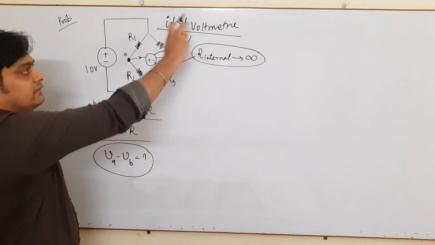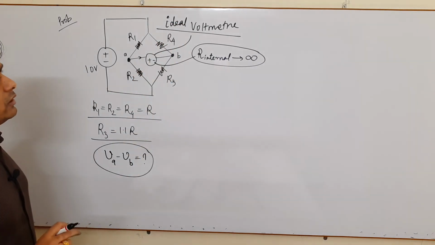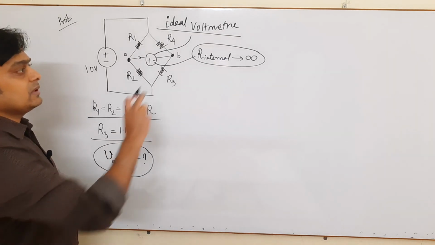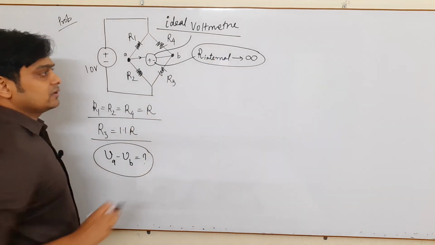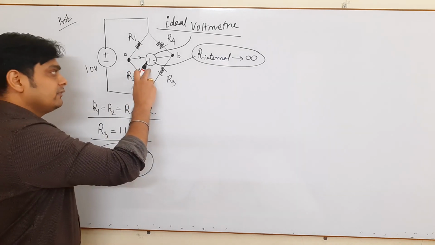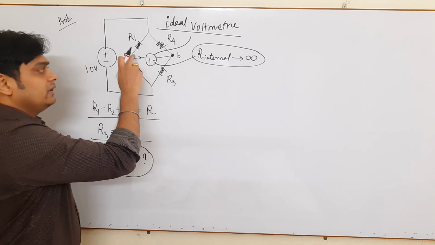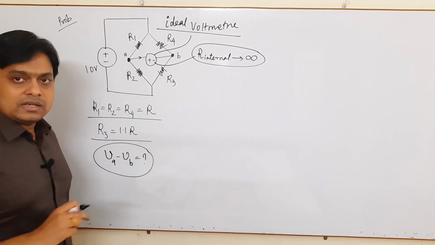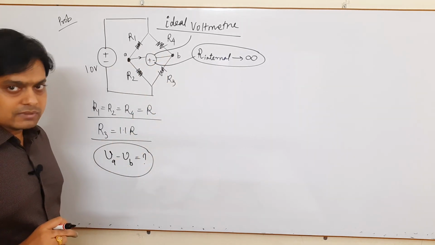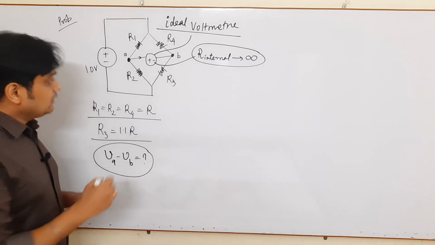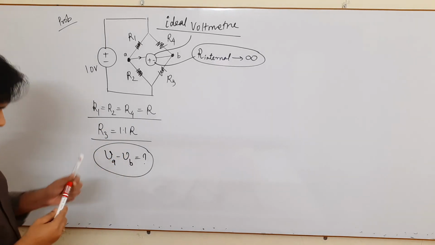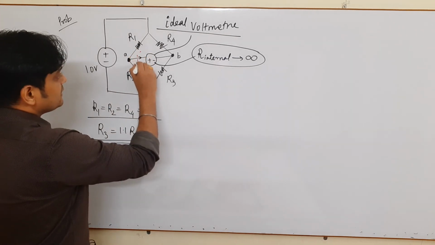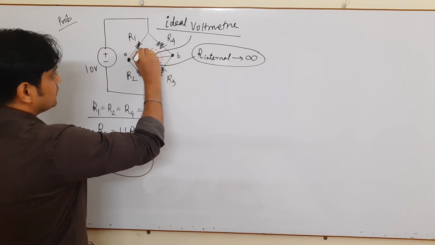So that's why it is given in this problem that the voltmeter connected here is ideal in nature. Once it is ideal, the internal resistance of this voltmeter is infinite, and once it is infinite, no current will enter here. And when no current enters here, can you find the value of VA and VB separately? Yes, we can. For the time being, I will redraw this network as if this branch goes out.